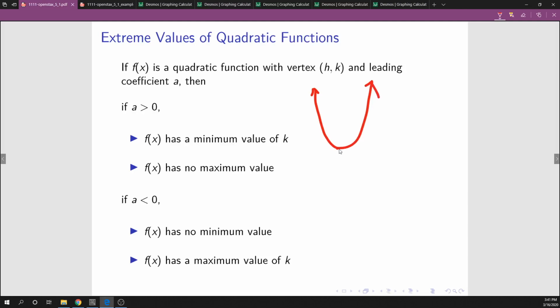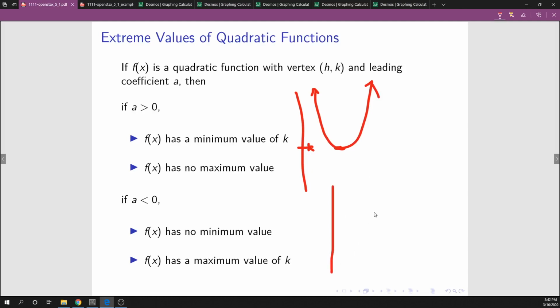And so that means that the lowest y value that you could have is k. So the graph would have an absolute minimum value of k and no maximum value. It's going to keep getting bigger and bigger. There is no highest point on the graph in this case.